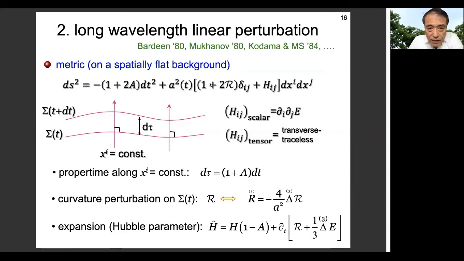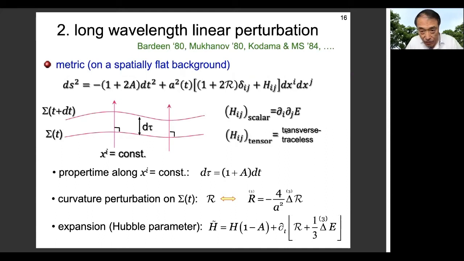Anyway, in this slightly fluctuated, expanding universe, if you compute the three-dimensional curvature of this three-dimensional metric, then you find that this curly R represents the total three-dimensional curvature of the hypersurface, if you ignore the tensor components, which I assume below.